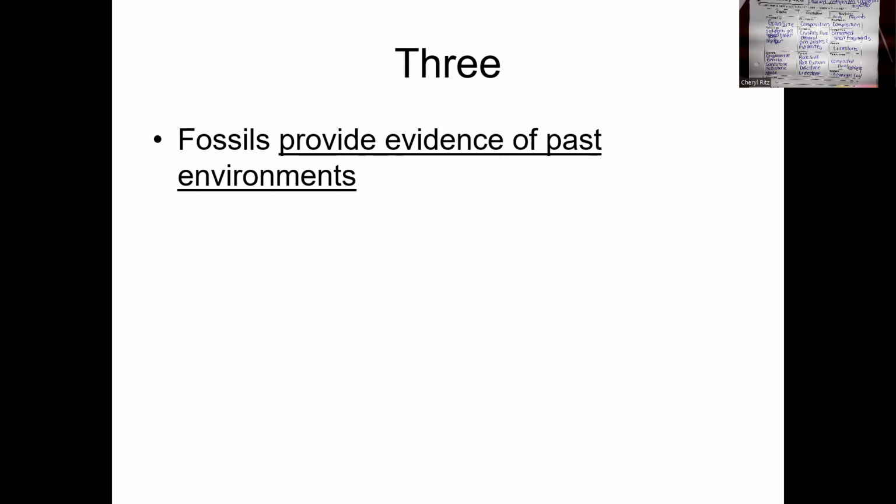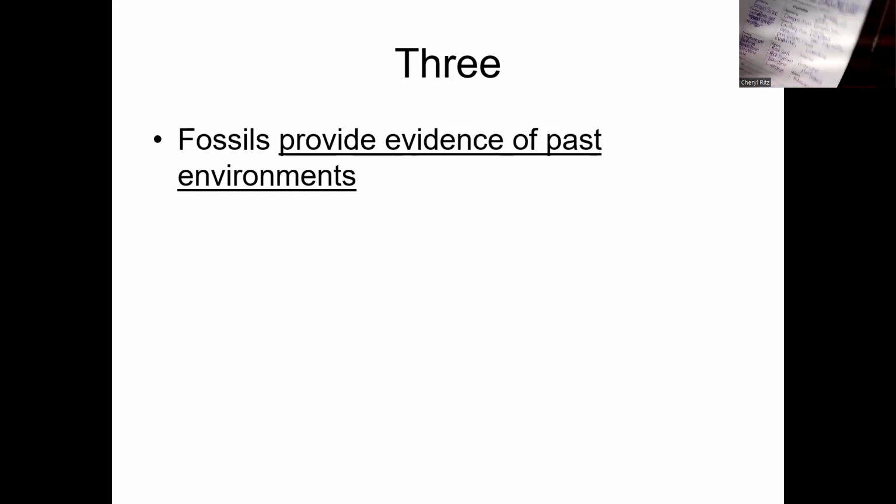What if you found a fossil of a tree? What used to be a forest? If you find a fossil of like a scorpion, what used to be that environment? Yeah, a desert. So a fossil will tell you what the environment used to be like for the environment you are finding that fossil in.